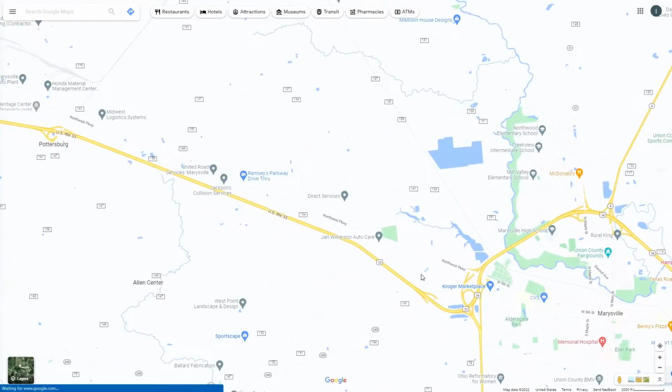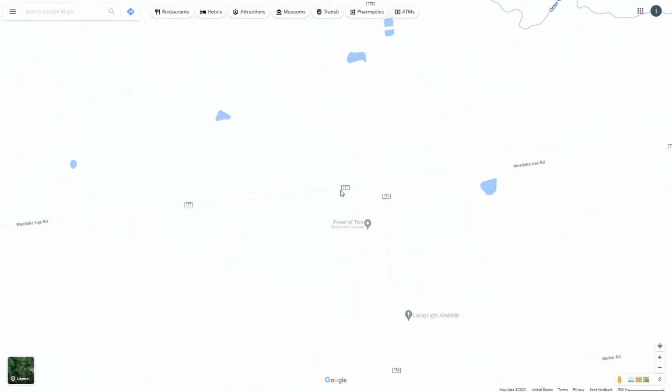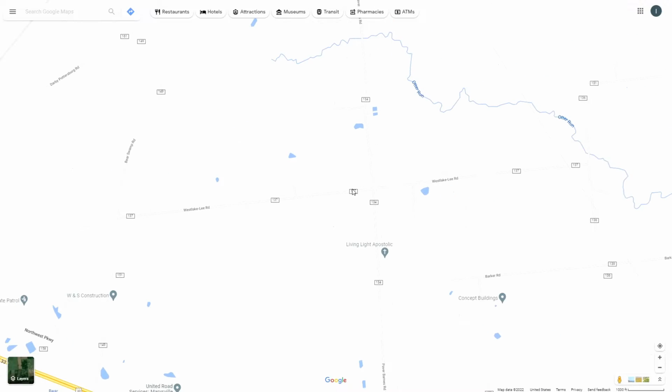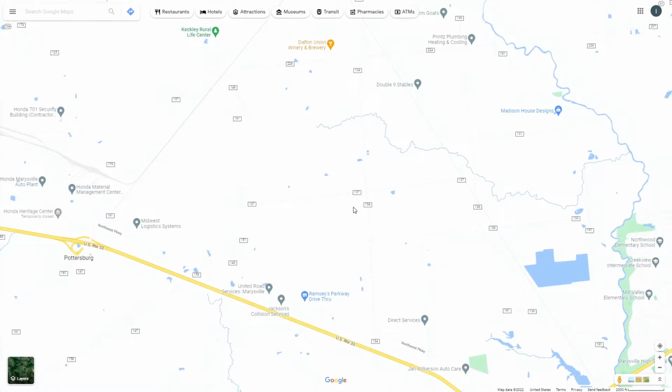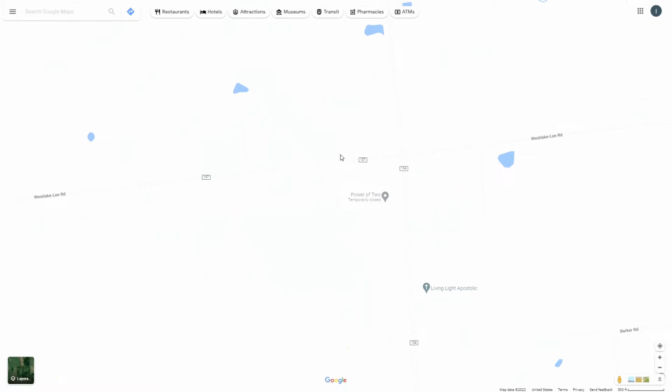On Google Maps, county routes show as these little square icons with the number on them. This is not actually how they look in real life. If you were to travel to different places, they would look different in different places. There are some areas that have special signs for the county routes, like I believe Minnesota does. I might be wrong, but I believe they do.